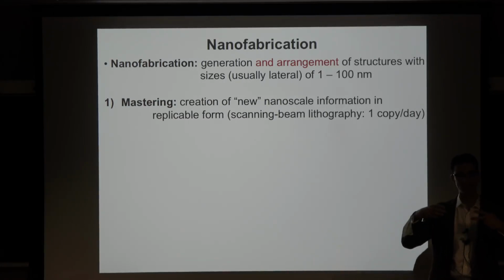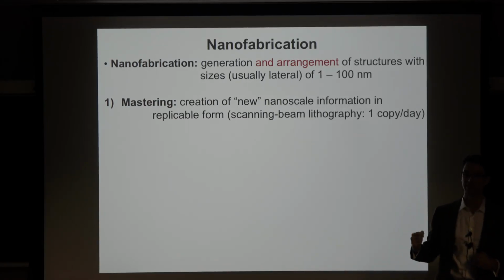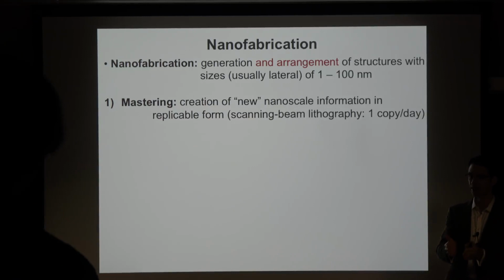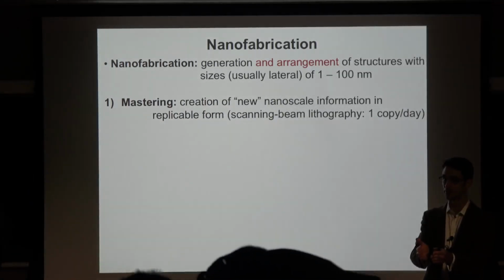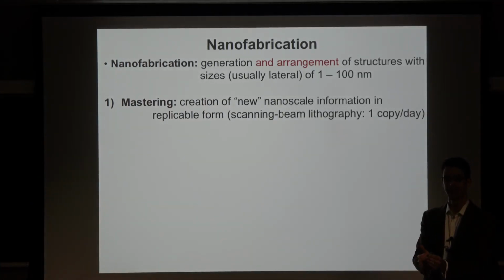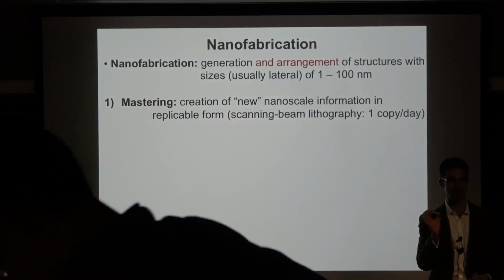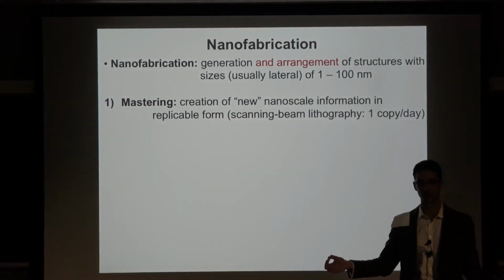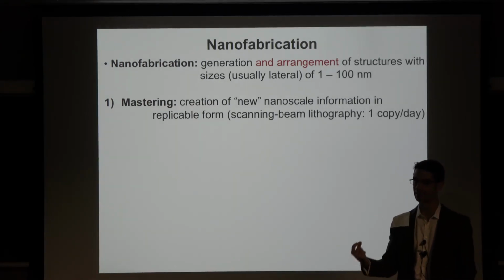An electron beam is generated from a very hot tungsten filament, and then it's focused and moved around using electromagnetic fields into very small areas. And because the electron beam has a mass, because it's not a massless particle like a photon, it actually diffracts much less than a photon, so you can confine these electron beams to very narrow line widths.